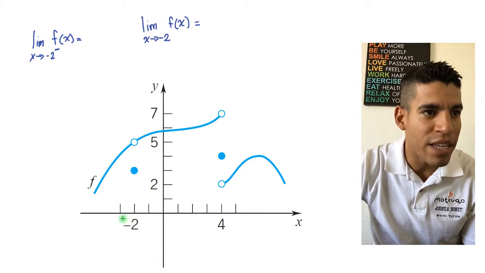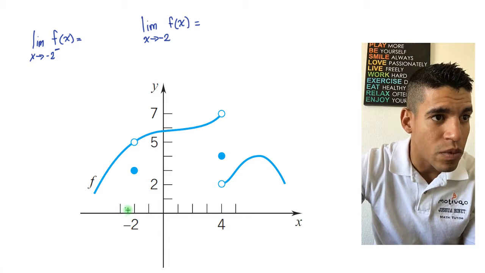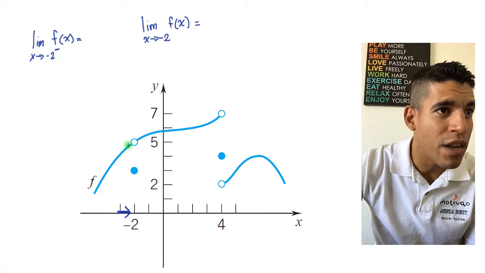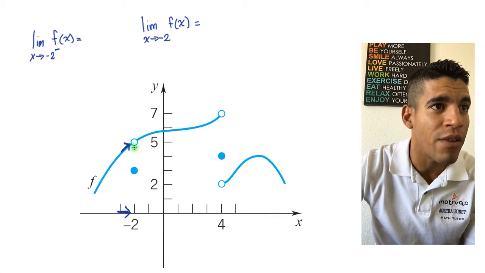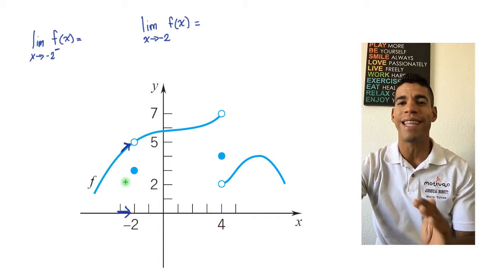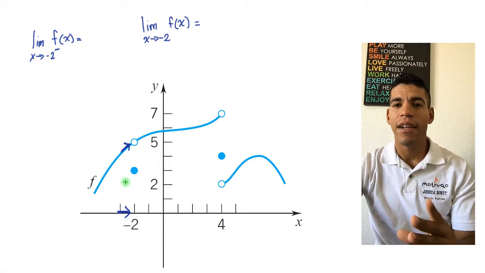Now, at -2, when I approach -2 from the left, so in this direction, my function is approaching this value right there. Now remember in the first video when I said that at the point it doesn't have to be defined?